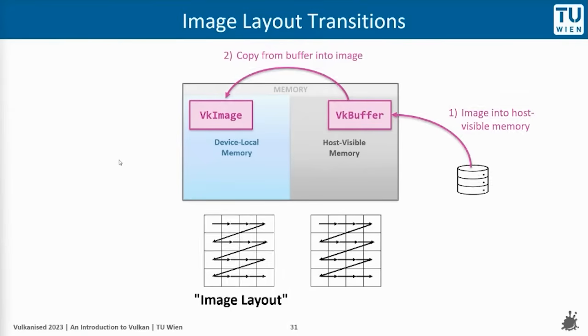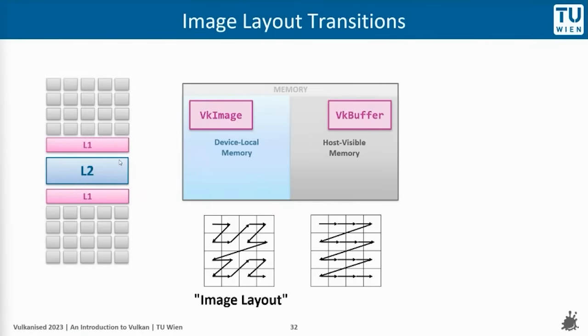For example, reordering this data into such a C order curve would maybe lead to better cache locality when sampling from such an image. This would be a different image layout. So when the data is being processed by a device, this could lead to faster performance. And in Vulkan, we have to care about such image layout transitions. So it's not optional, we have to, actually.